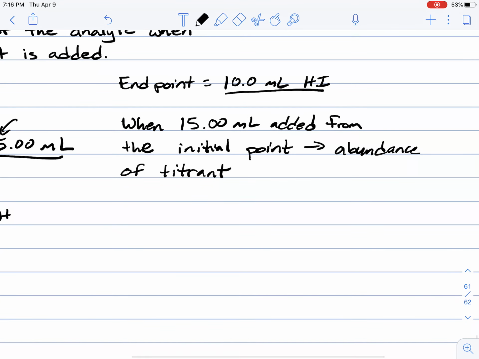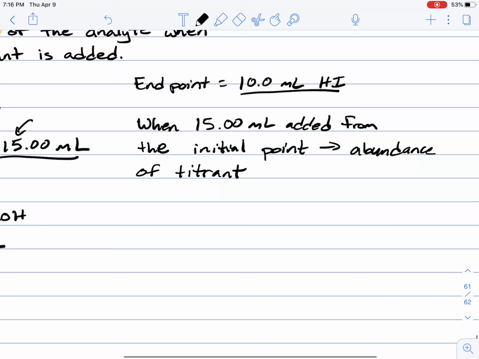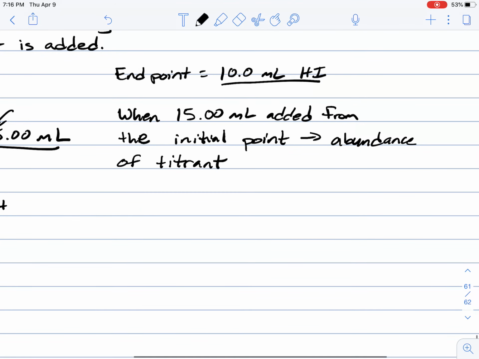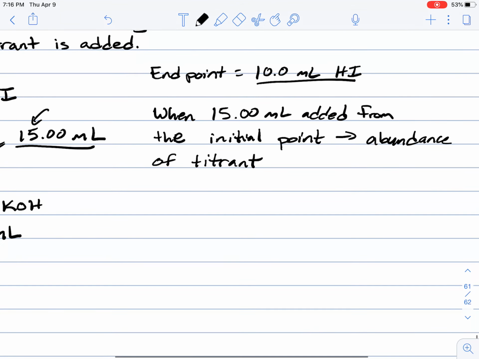So if you recall from the previous two lectures, we always have that vertical curve, that very, very steep slope. It's almost vertical. And then all of a sudden, it flips over to the top side or the bottom side, depending on how you're looking at the titration curve. But that's going to represent the abundance of the titrant that remains inside the solution because there is no more of the acidic or the basic analyte in the solution.